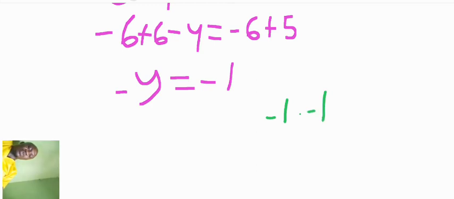It is -1, because -1 times -1 leaves a product of 1. Therefore, we are going to multiply both sides of the equation by -1. So I will have y equal to 1. Therefore, the value for y is +1.